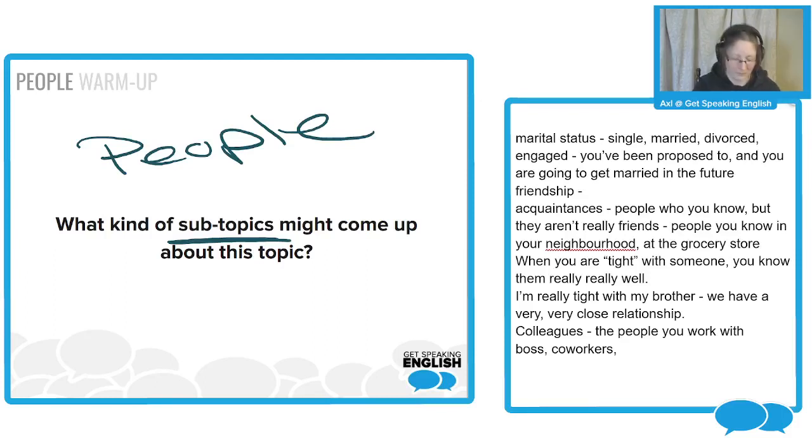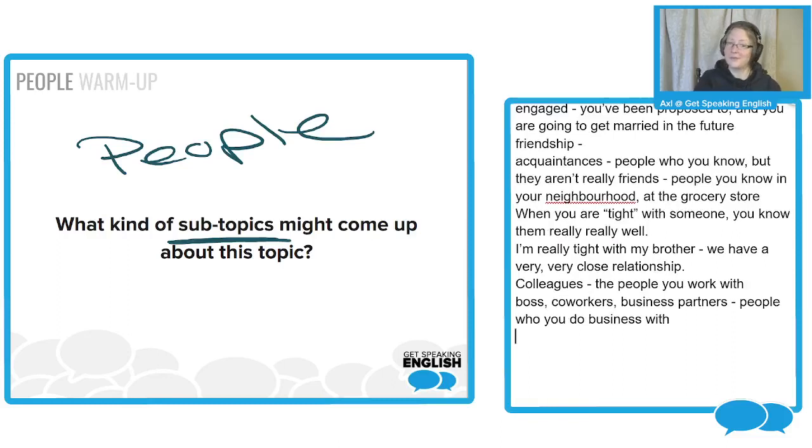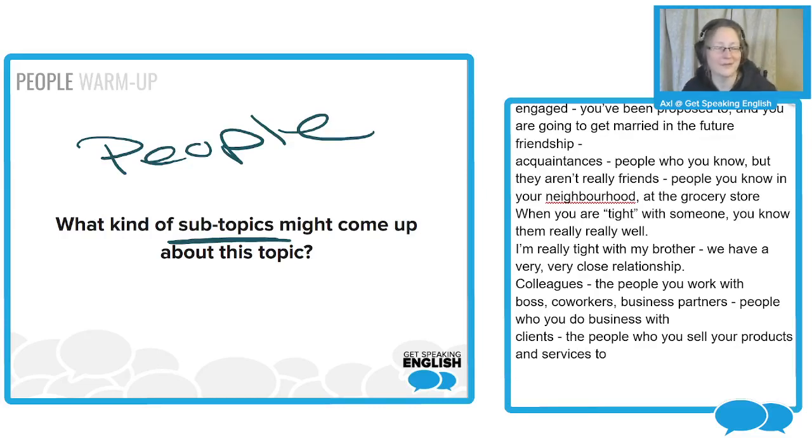Maybe business partners, so people that you do business with. And maybe the people who you sell your product or your service to, we might call them clients. So that's another example of a relationship too. Yeah, so lots of different things might come up here when we're talking about people.